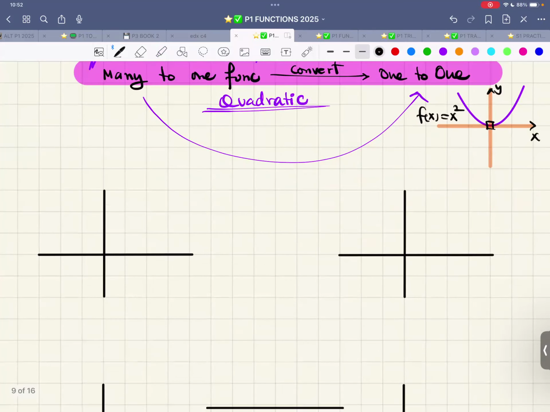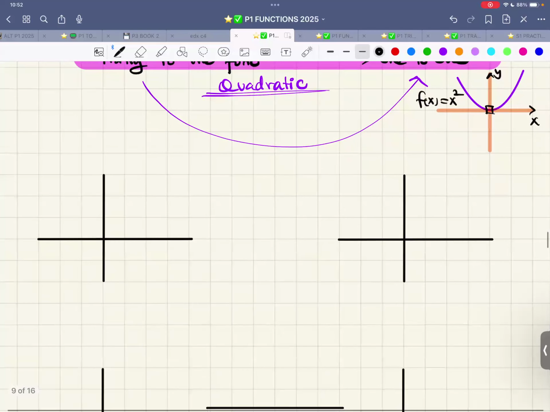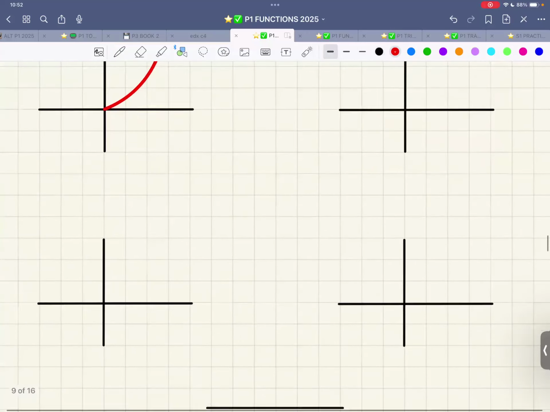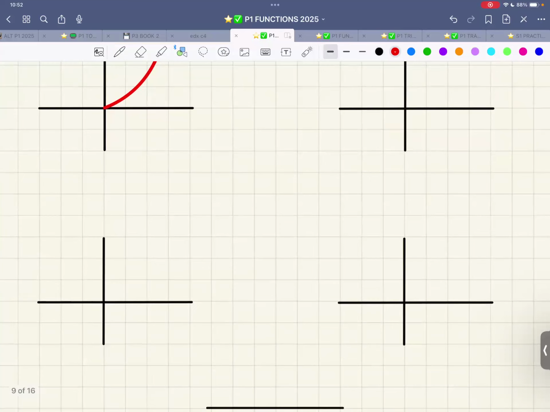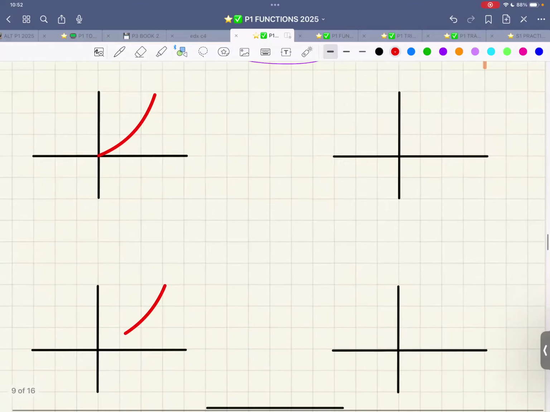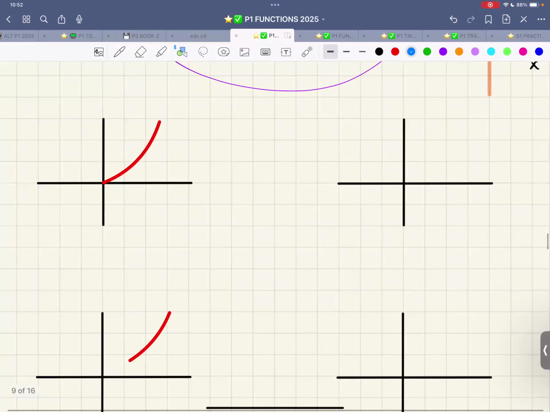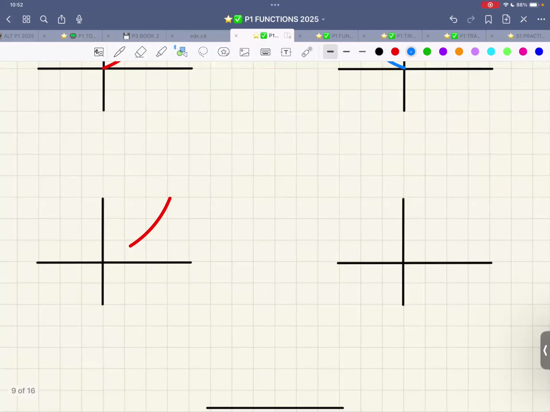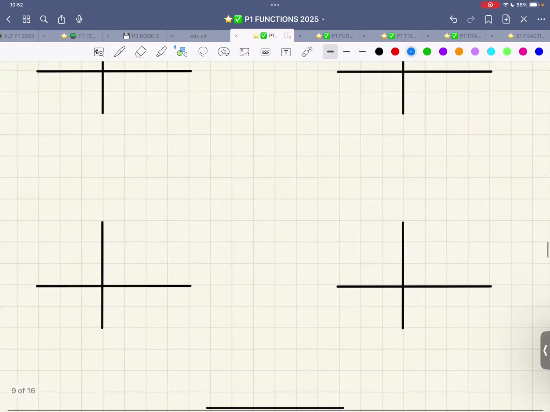Now, let me change the domain. If I change the domain, first of all, let me draw on this side. And let me draw a little bit like this. Let me draw on this side. Let me draw like this.